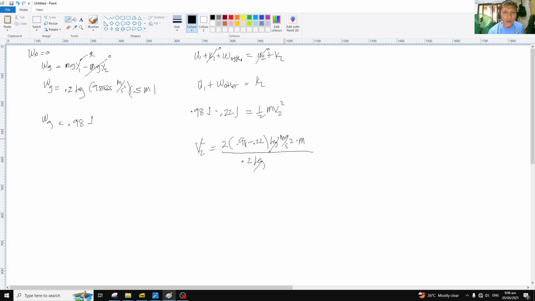Cancel sa meter squared second squared. So squared kasi ini square root nimo, basically you would have that V2 to be the square root of 2 times 0.98 minus 0.22 all over 0.2.